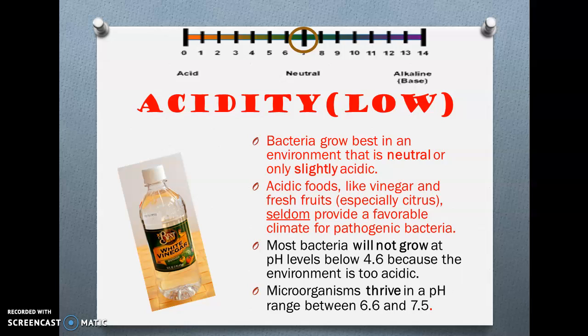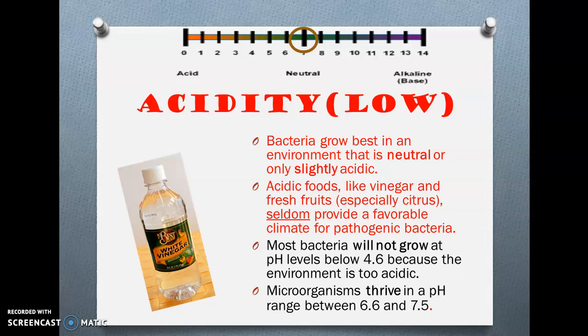So bacteria does not tend to grow in an environment that is below 4.6. So take a look at the number line between the 4 and the 5. And if we move further to the left, bacteria is not growing in that environment because it's way too acidic.